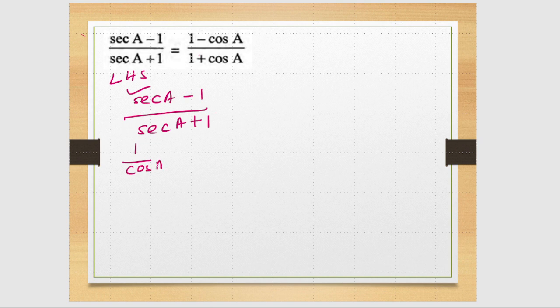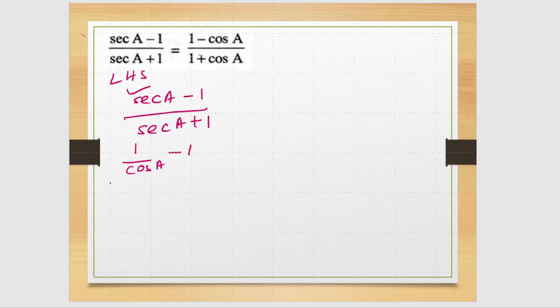So let's start. What is our LHS? Our LHS is (sec a minus 1) by (sec a plus 1). Now sec a equals to 1 by cos a, as I told yesterday, in the previous class, you can check the previous class to get all these conversions, all these relations.